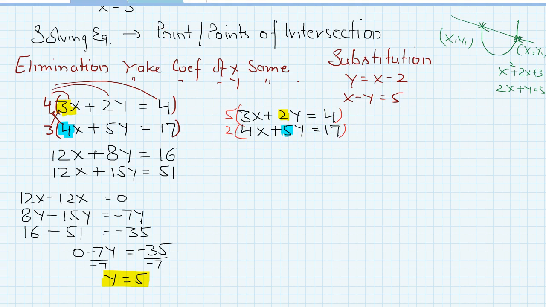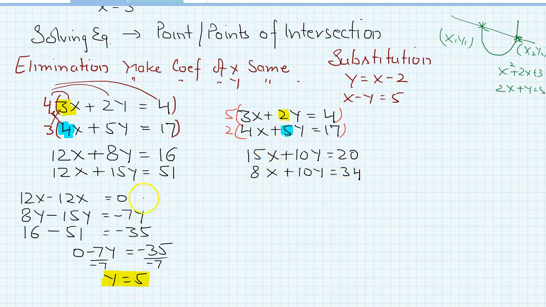So the equation will be 15x plus 10y is equal to 20, and this will be 8x plus 10y is equal to 34.